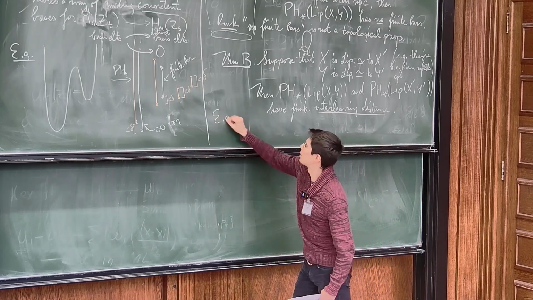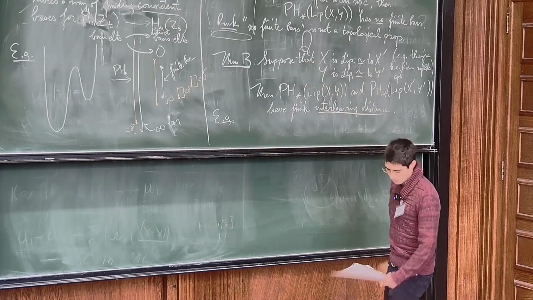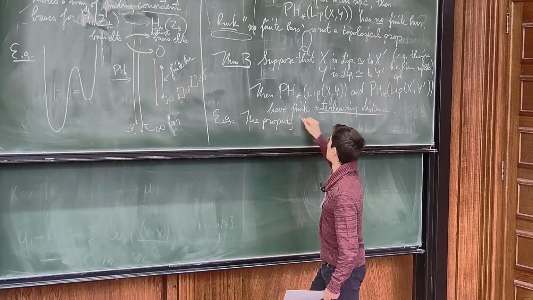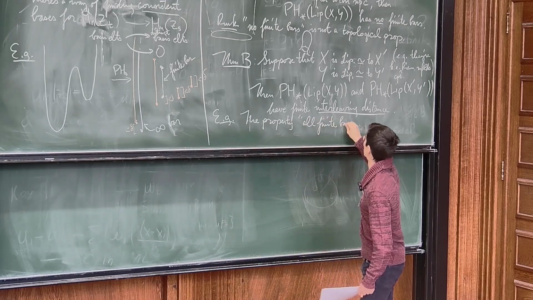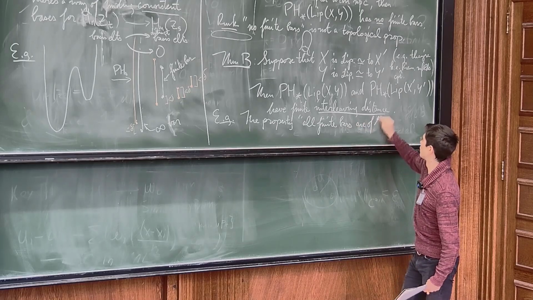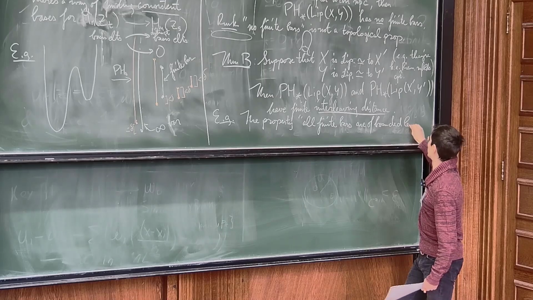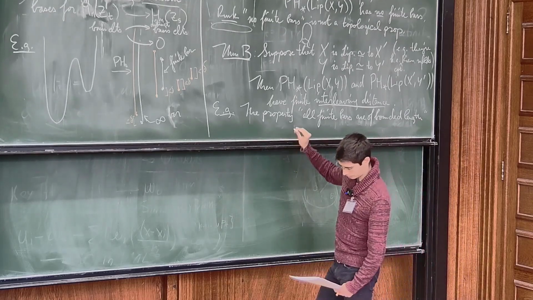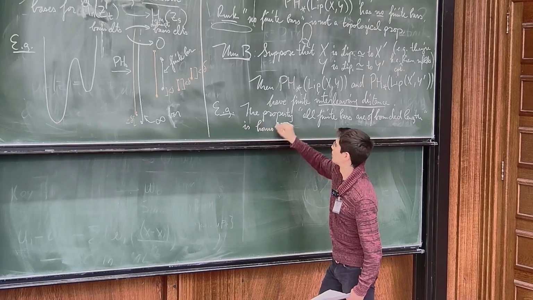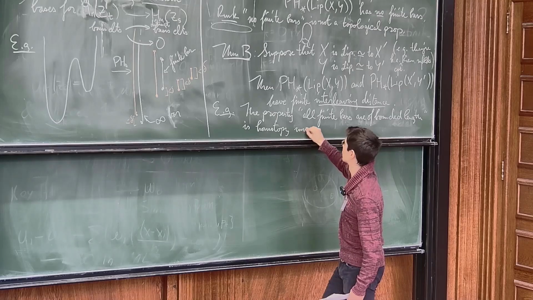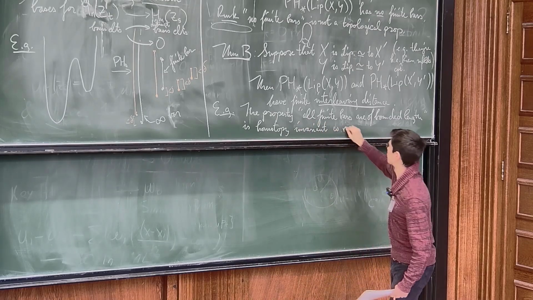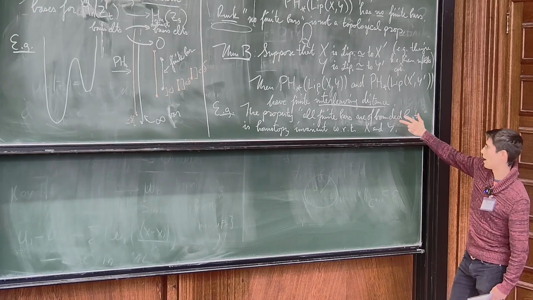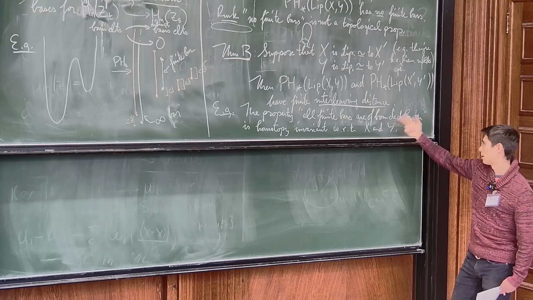And so, for example, no finite bars is not a topological property, but if you take the property all finite bars are of bounded length, then that's, I guess, Lipschitz homotopy invariant with respect to X and Y. So this is sort of the nicest thing that you could hope for that's a topological property.